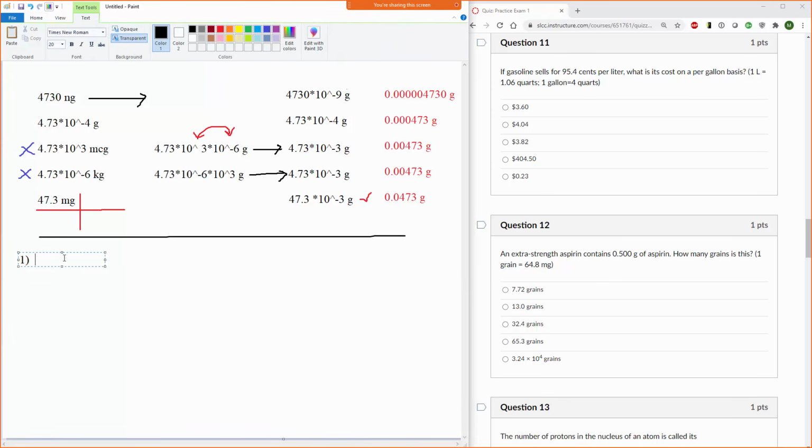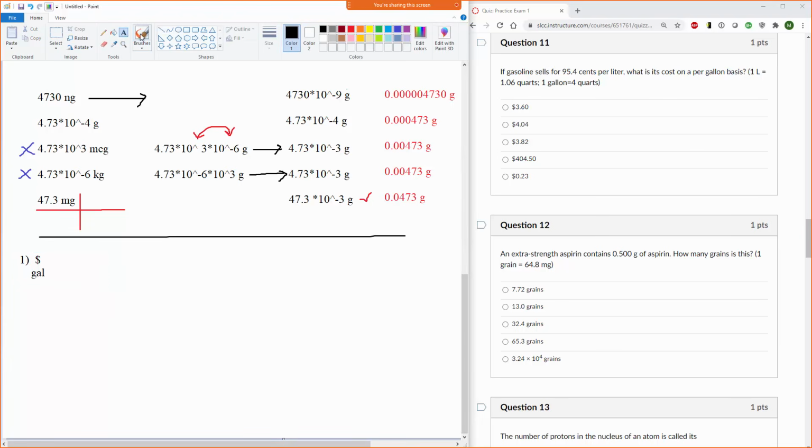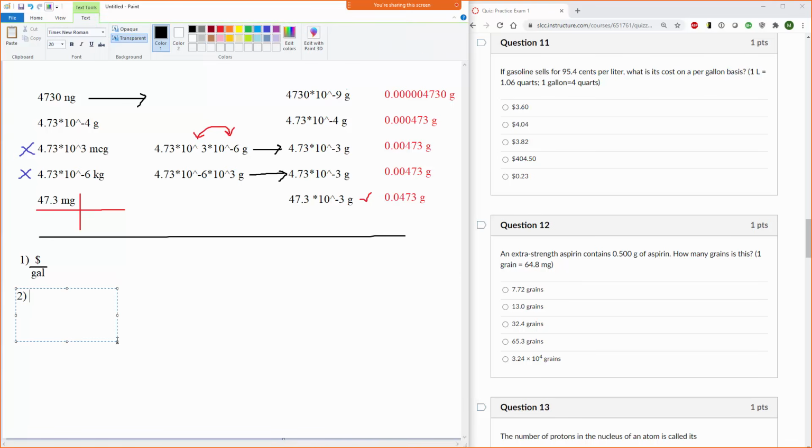So step 1, we want dollars per gallon of gas. Okay. Excellent. Step 2, what did they give us? Got 95.4 cents per liter.